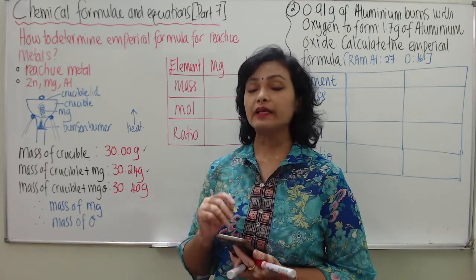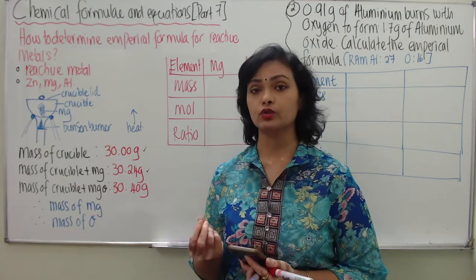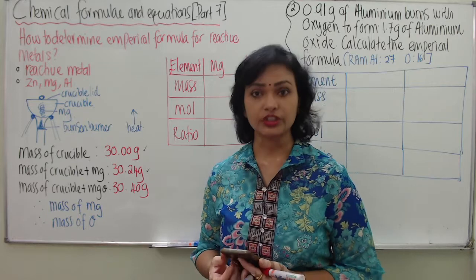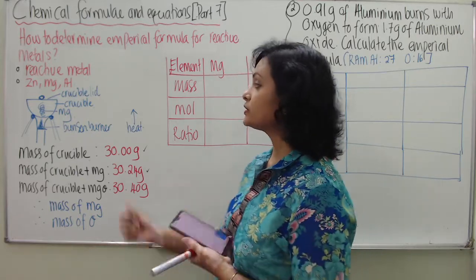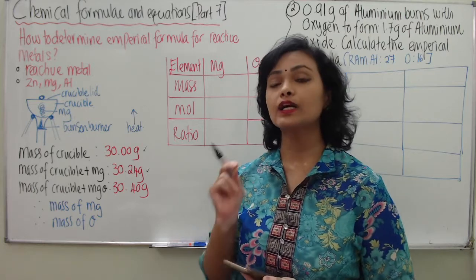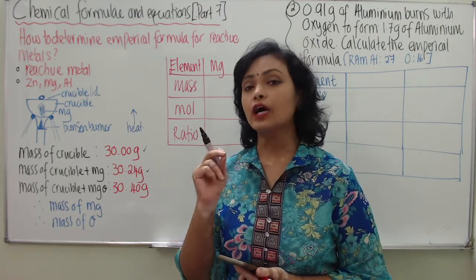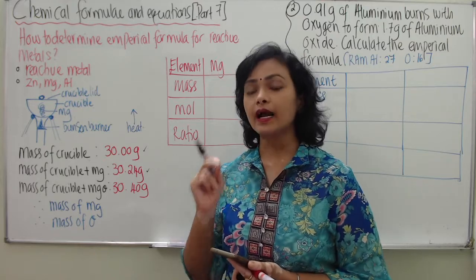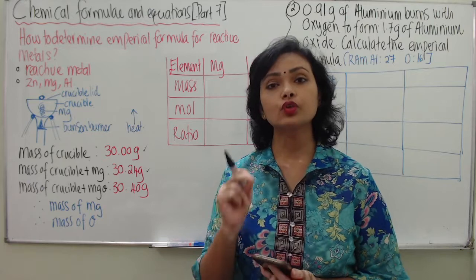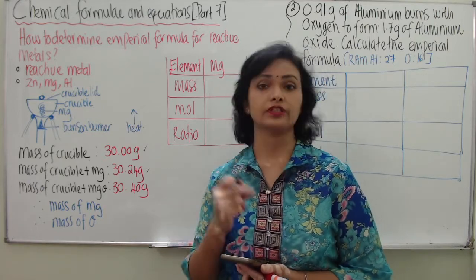Magnesium oxide is a white solid produced when magnesium metal burns with oxygen. Repeat the process until a constant mass is obtained, and we can assume all the magnesium has reacted with oxygen.